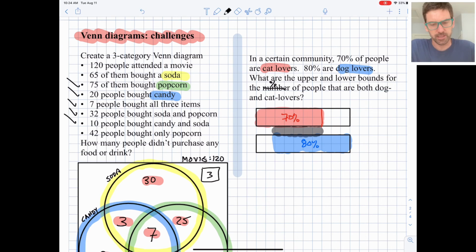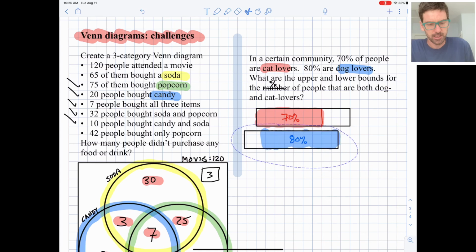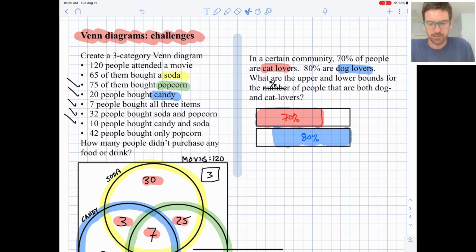Let me try to explain that one more time. Basically what we're doing is we're trying to take my 80% and seeing how far we could shift it left or right relative to my cat picture. Okay, so in that example right there, we have a 50% overlap.